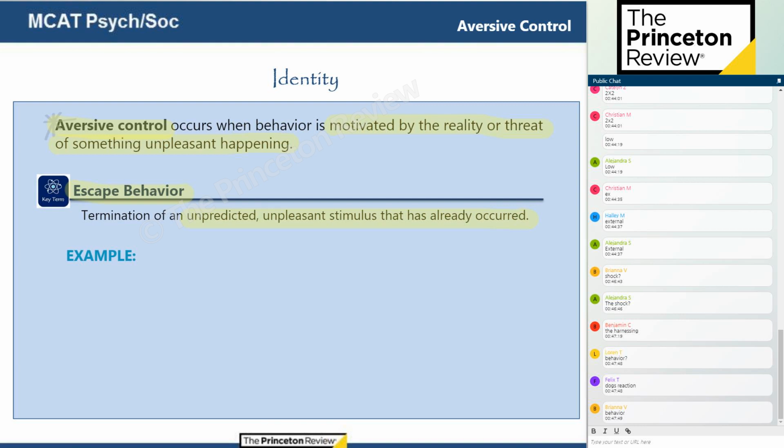What would be an example of that? Okay, we evacuate from a fire, right? Fire alarm goes off, right? Great.